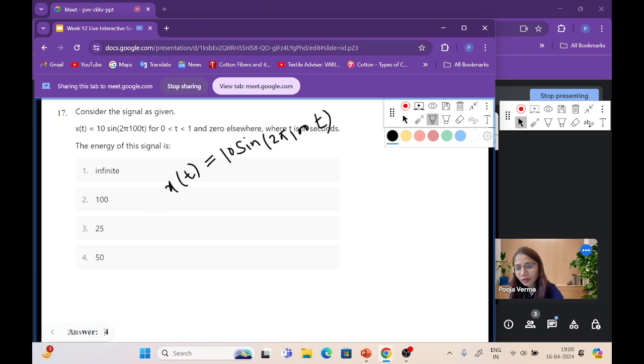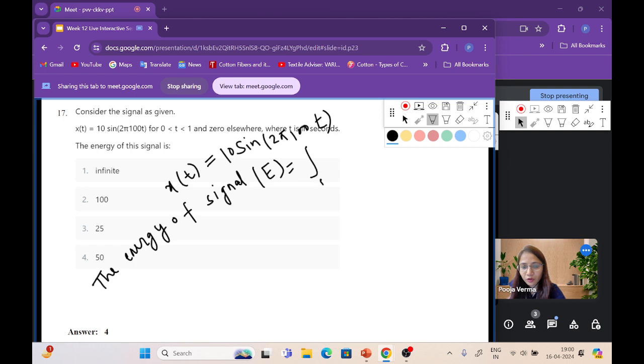The energy of this signal is represented by E. It is given only for the range of 0 to 1, that is 10 sine 2 pi 100t, and 0 otherwise.